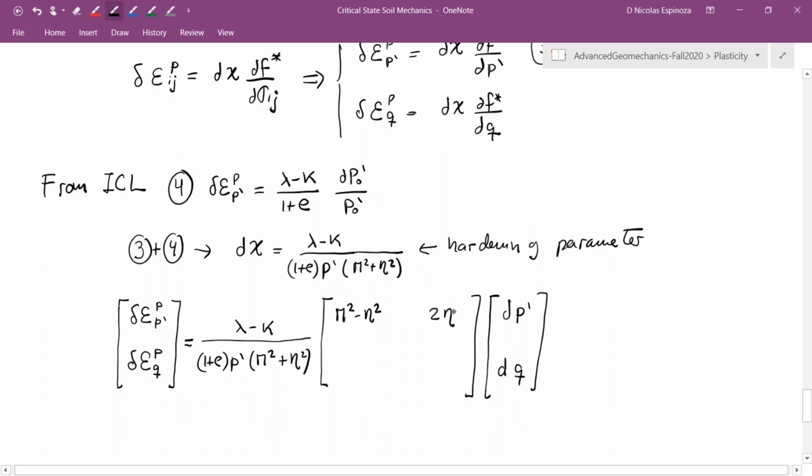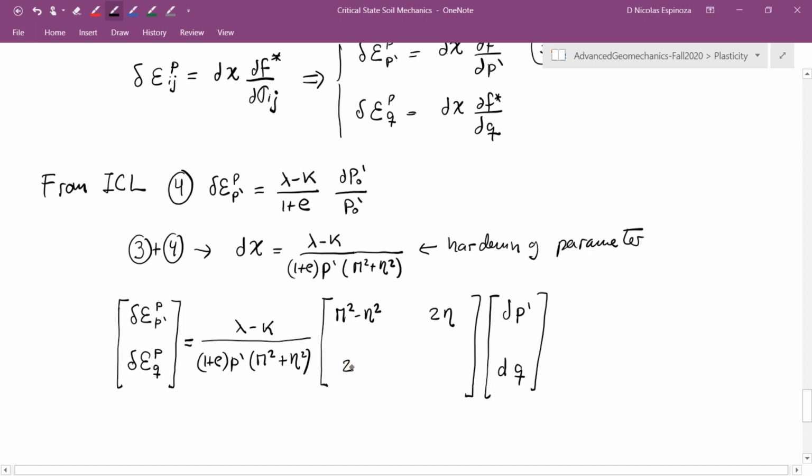What that means is that, opposite to everything we have seen before for the elastic part, now a deviatoric change of stress can cause a volumetric plastic strain. So I don't have the principle of decoupling between volumetric strain and shear anymore. Now I do see from this matrix that changes in the deviatoric stress can cause a volumetric strain.